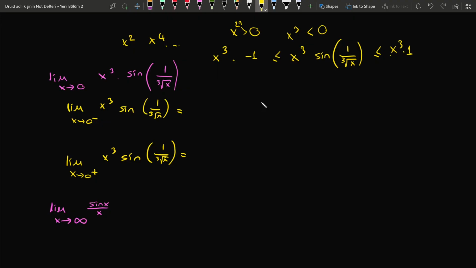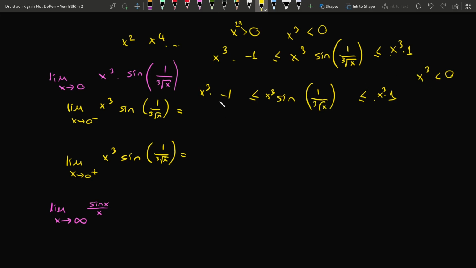So let's start with the sine function again, sin of 1 over the cube root of x. This is clearly between 1 and negative 1. And when I multiply it with x cubed, I know that I'm approaching 0 from the left side. Therefore, x cubed is lesser than 0, really just a little bit, but it's lesser.